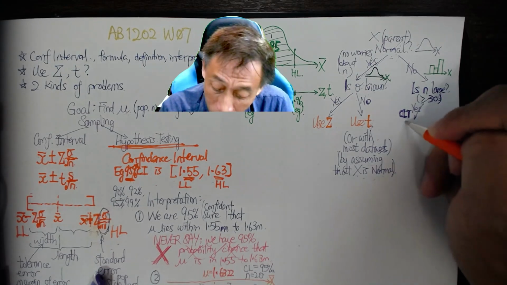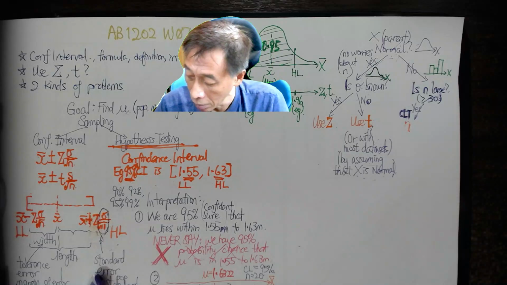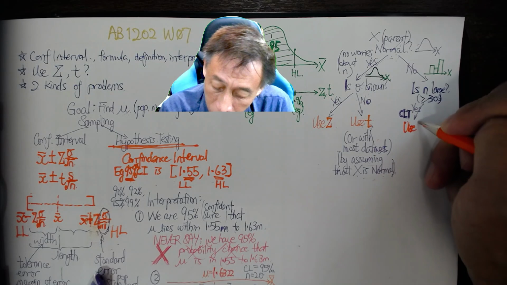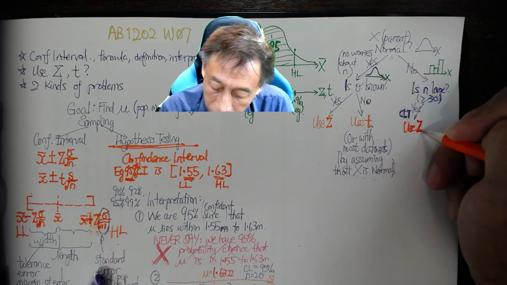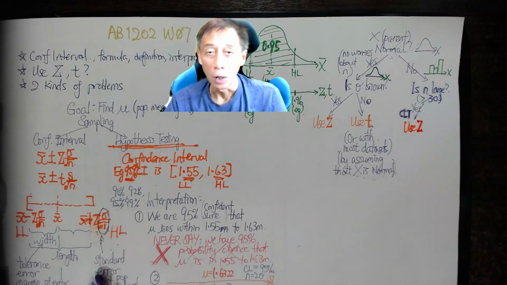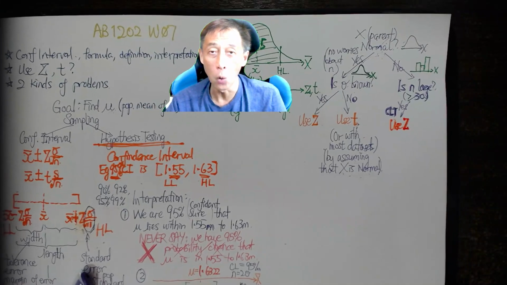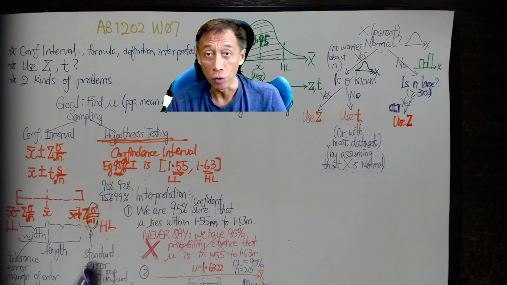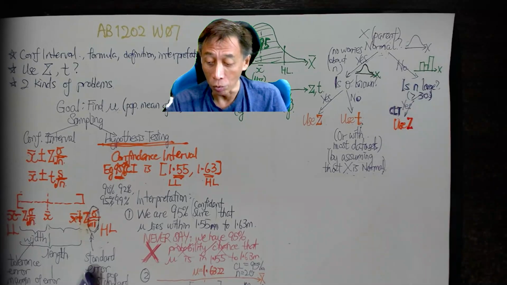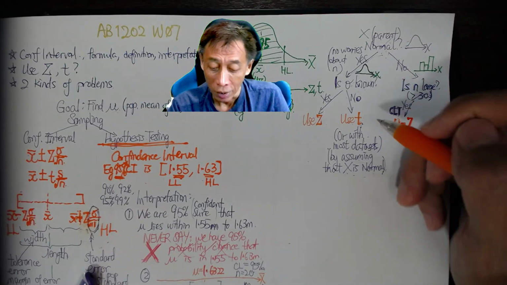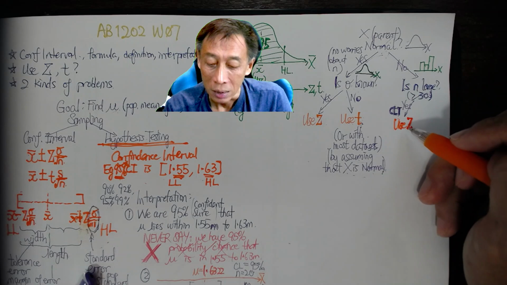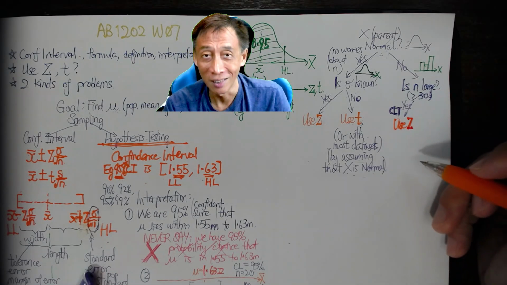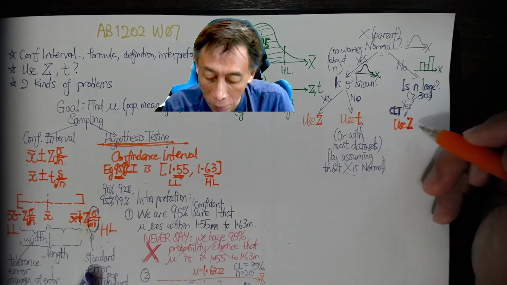Also use Z instead. CLT always gives us permission to use normal distribution, never T. You never hear a conclusion saying, since n is large, we use CLT, hence we use T. No such thing. Always normal distribution.